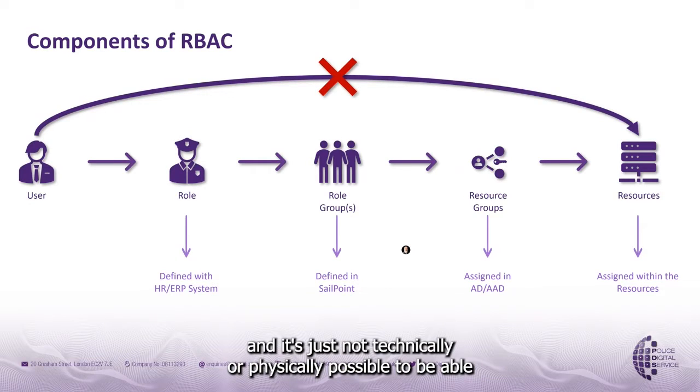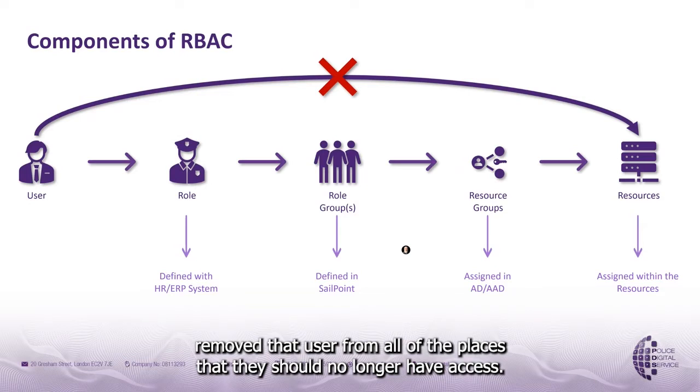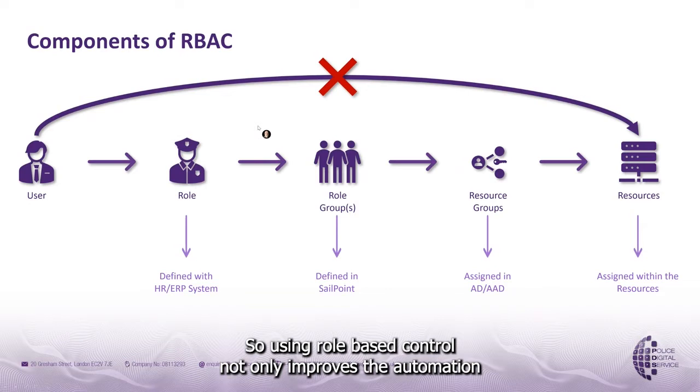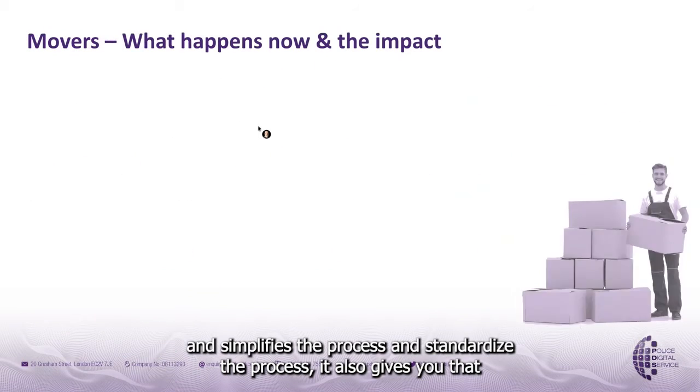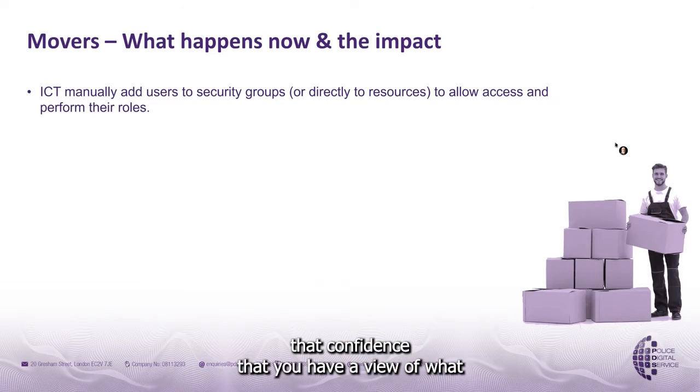And it's just not technically or physically possible to be able to do that across your entire organization and be confident that you have, in fact, removed that user from all of the places that they should no longer have access. So using role-based control not only improves the automation and simplifies and standardizes the process, it also gives you that confidence that you have a view of what your users have access to.